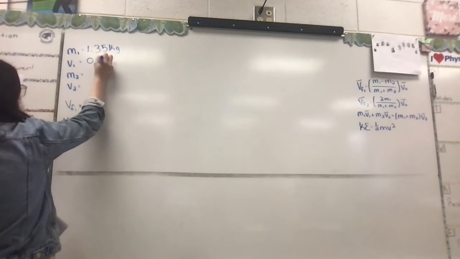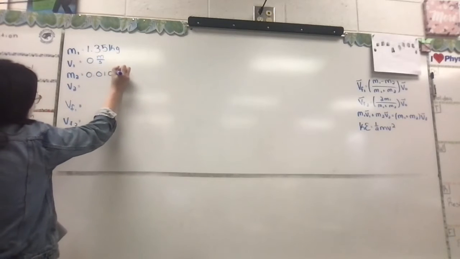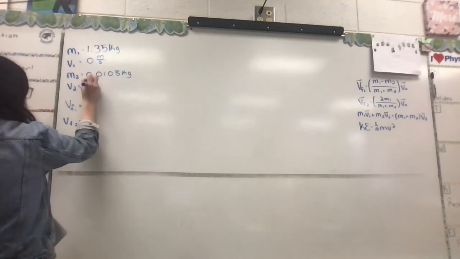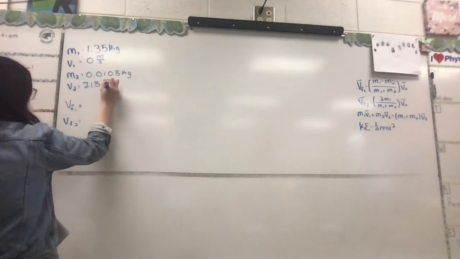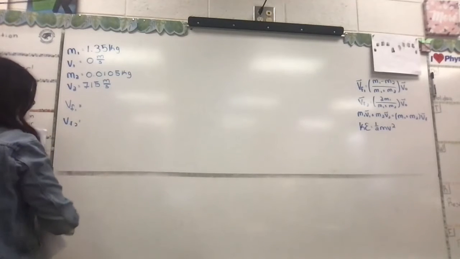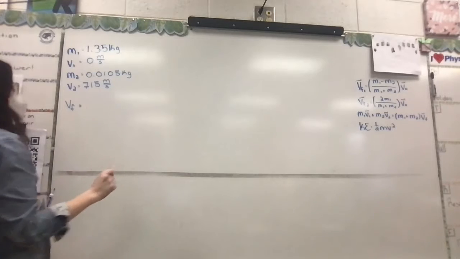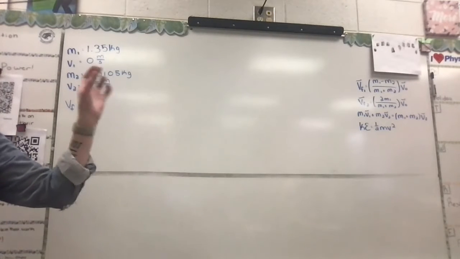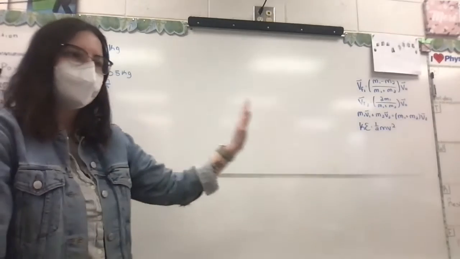Okay, what's the mass of our bullet? 0.0105. What is the velocity of our bullet? 715 meters per second. What are we asked to find? Speed after the collision. Will they be going the same speed or different speed after collision? They're going to be going the same speed because they'll have combined together and they're going to be moving together.